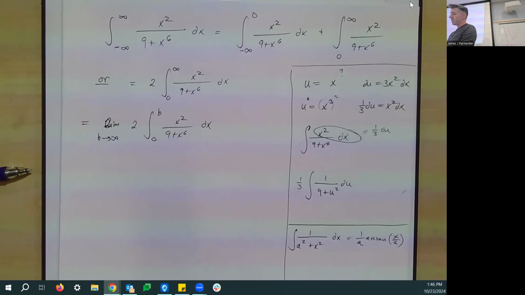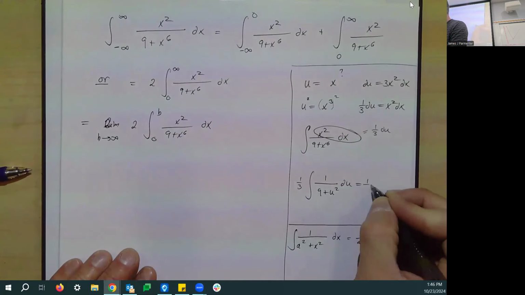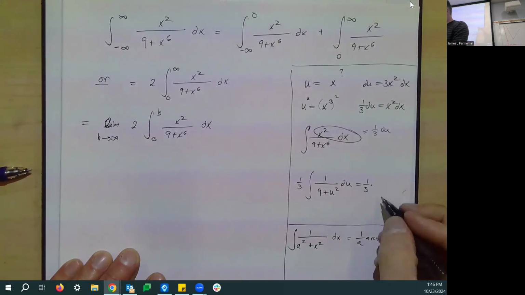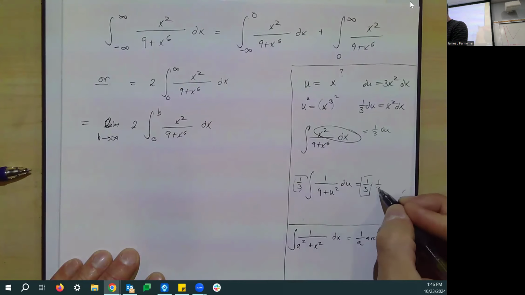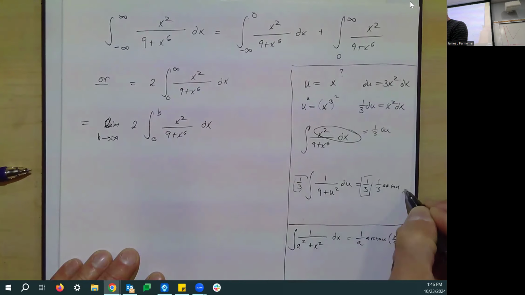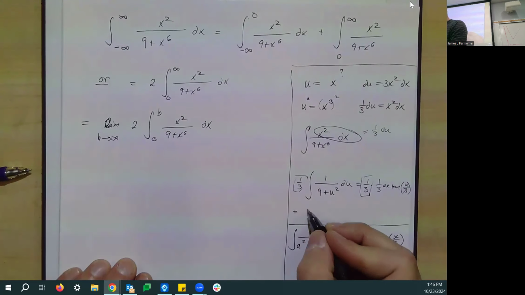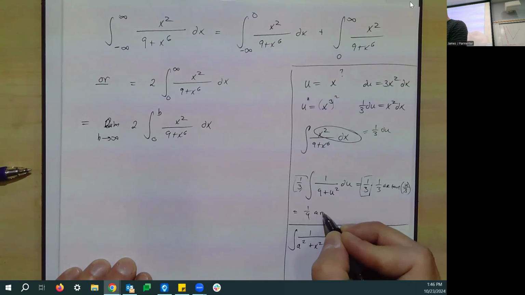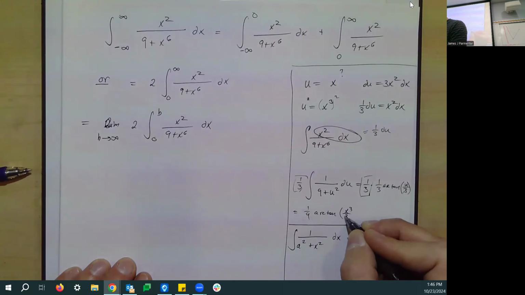So the integral of 1 over 9 plus u squared is going to be 1 over, so that 1/3 is just from right there. And then it's going to be 1/3 times the arctangent of u over 3. Gross. So that's going to end up being 1/9 times the arctangent of x cubed over 3.